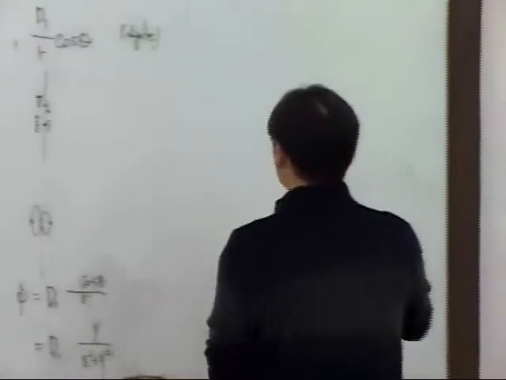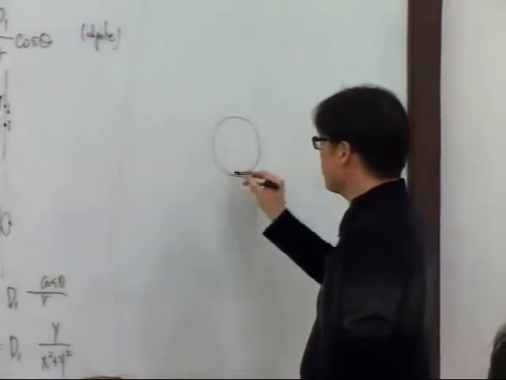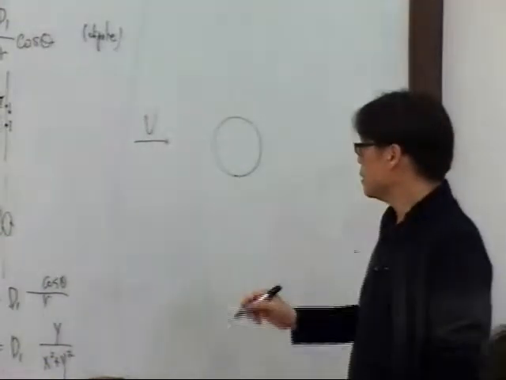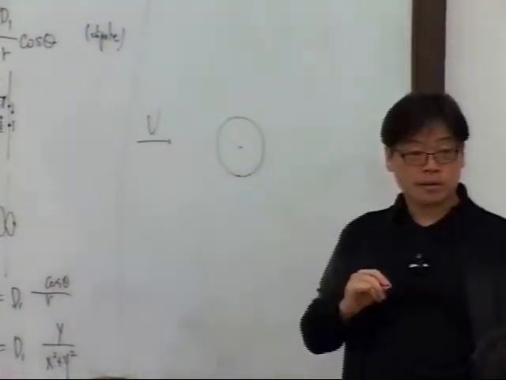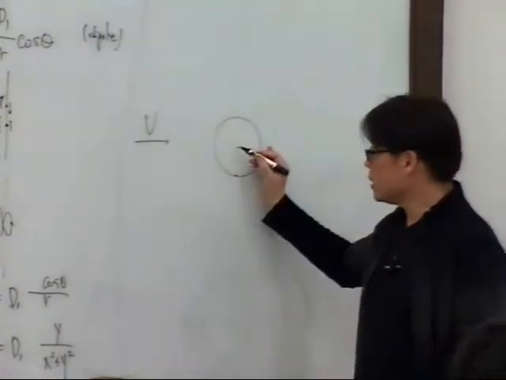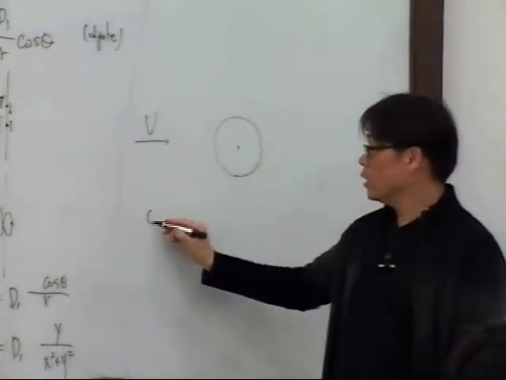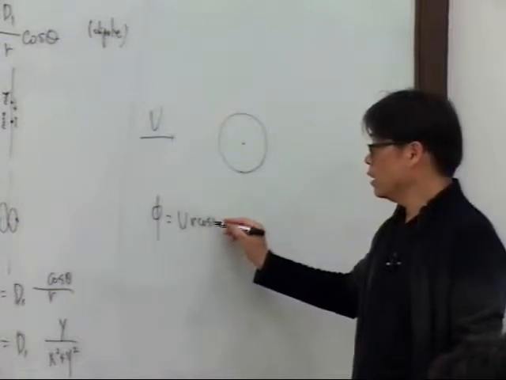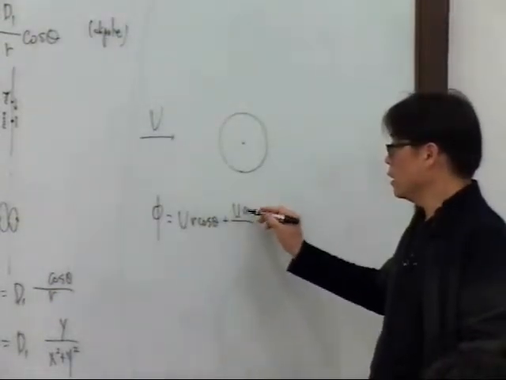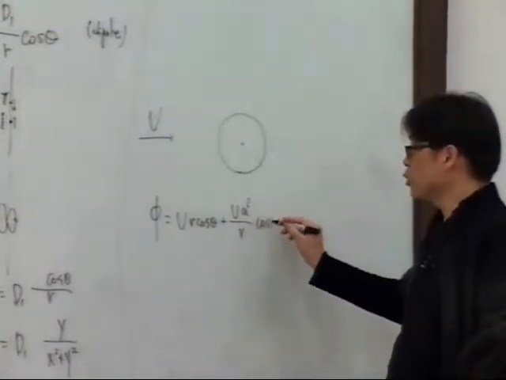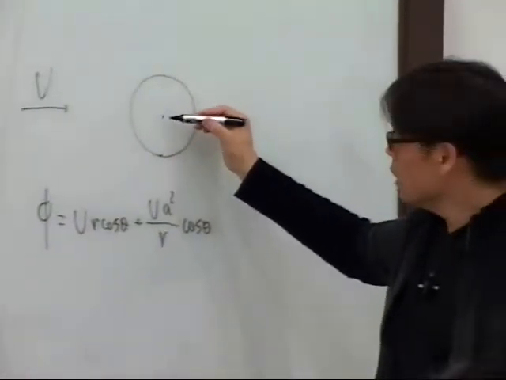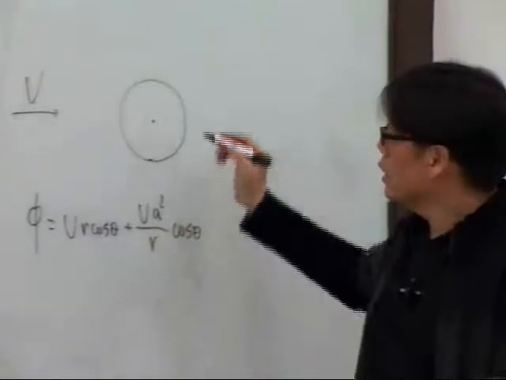So as an example, we consider flow around a circular cylinder, and in this case, r equal to 0 is sitting here. So what we do is we place a dipole here, which is aligned in the x direction. That's what we have.